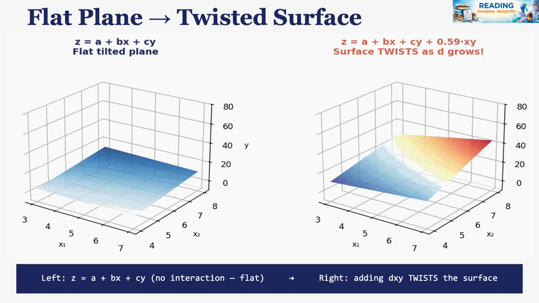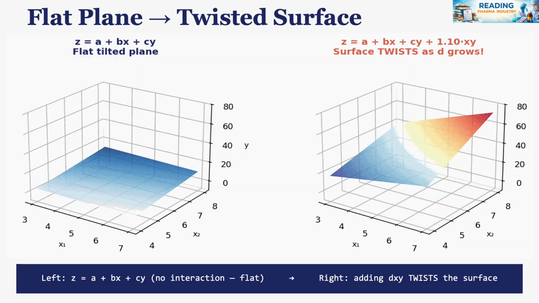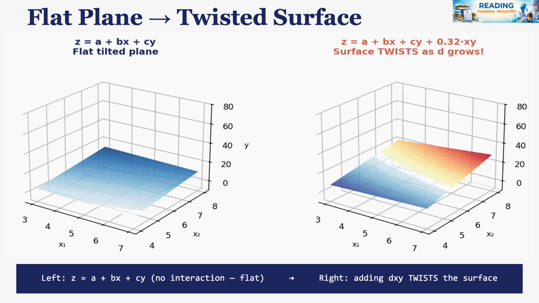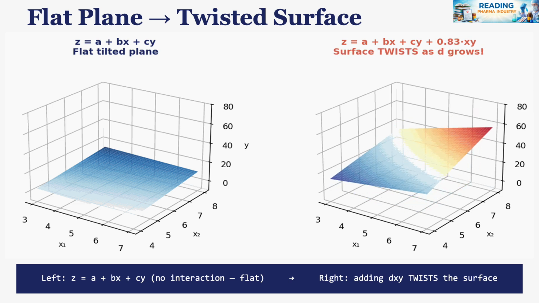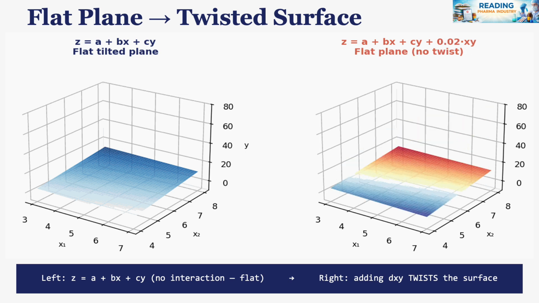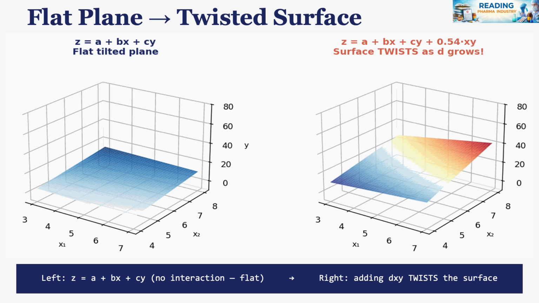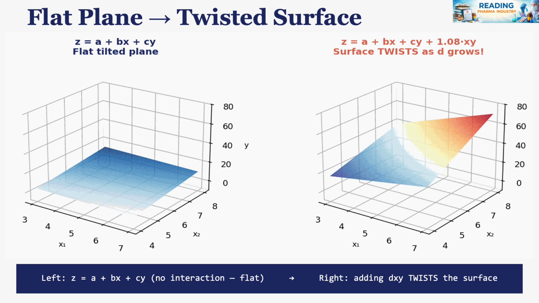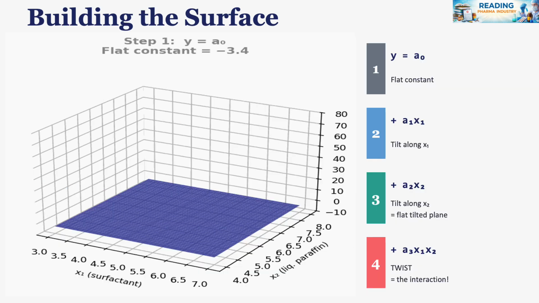On the left, there is no interaction, a flat tilted plane, while on the right, you watch the interaction coefficient as it grows from 0 to 1.2. The flat plane twists into a saddle, and that twist is the interaction.